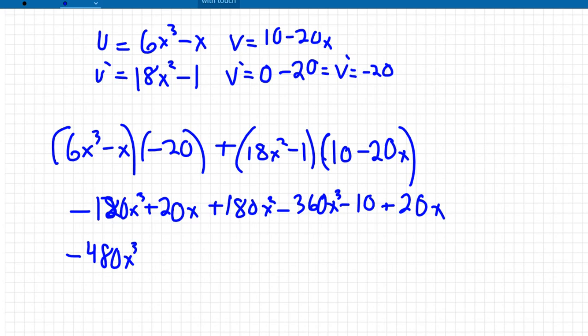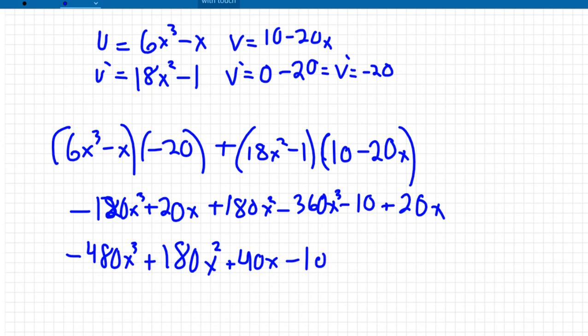I'm just collecting like terms and putting our terms in descending order in terms of the power of x. So we'll put our x cubed first, plus 180x squared. We have two 20x's, so that'd be 40x and minus 10.